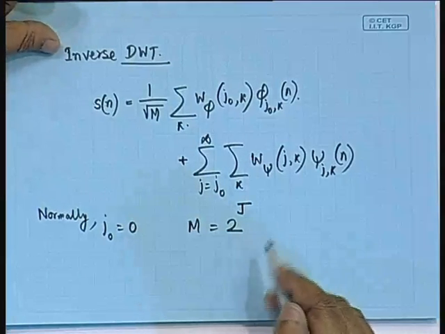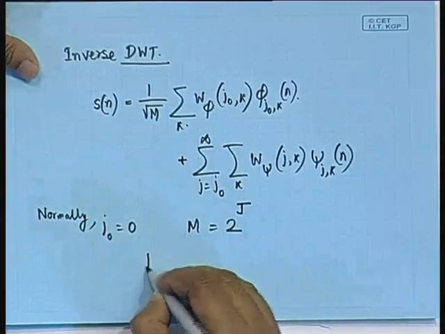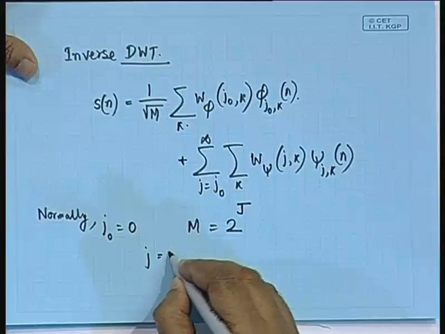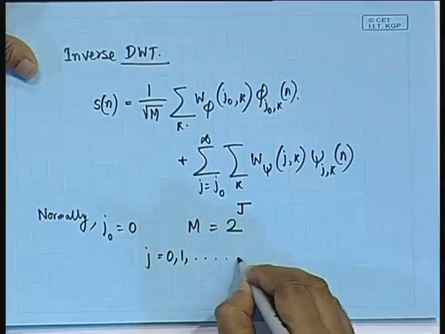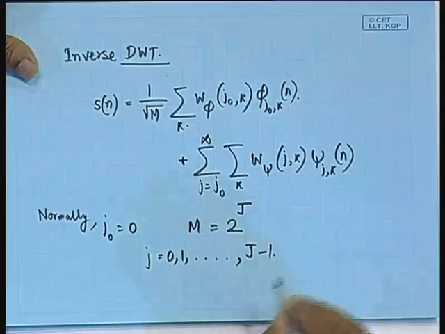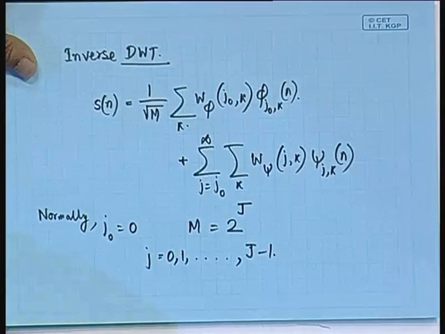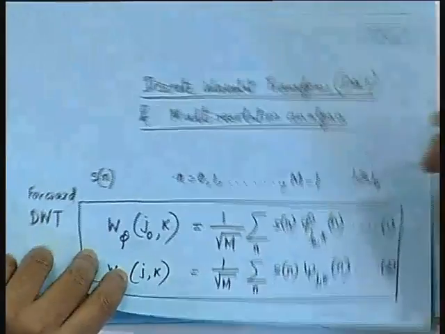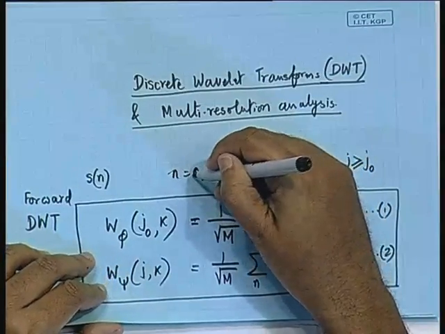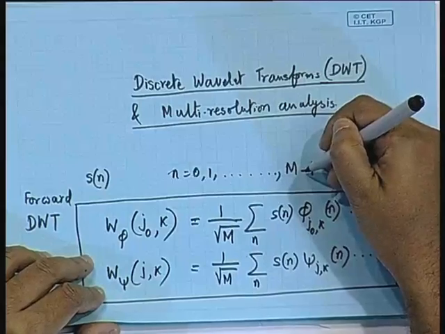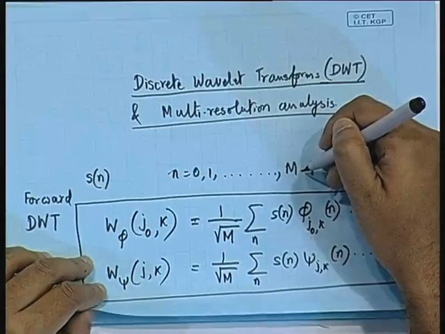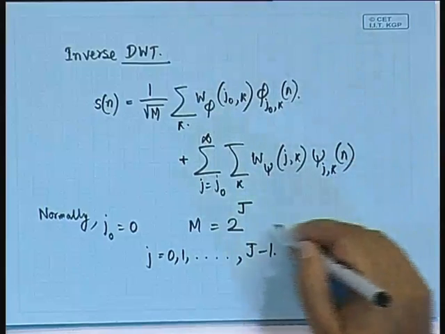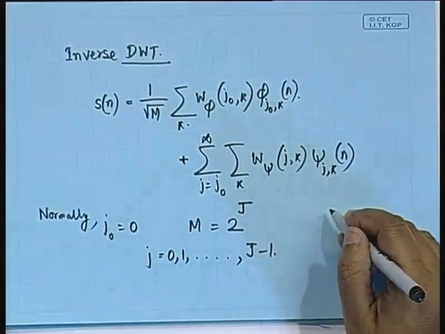In that case, the summations are performed over this j, for j is equal to 0, 1 up to capital J minus 1, meaning that if I let us say start with 64 samples, say n is equal to 0, 1 up to 63. That means to say that M is equal to 64. So, when I have M is equal to 64, 64 is nothing but 2 to the power 6.